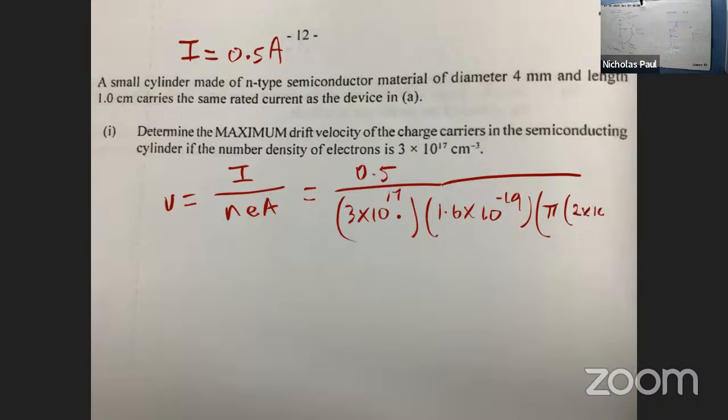Yes, yes. That was the diameter over 2. What's that? 0.829 meters per second. Yeah?